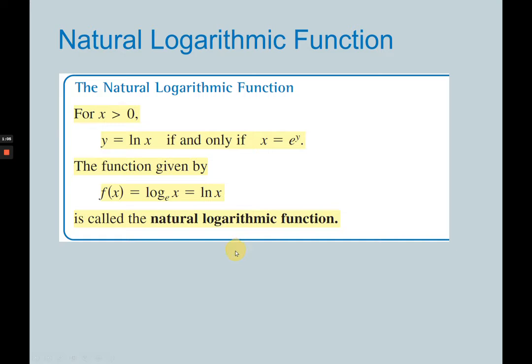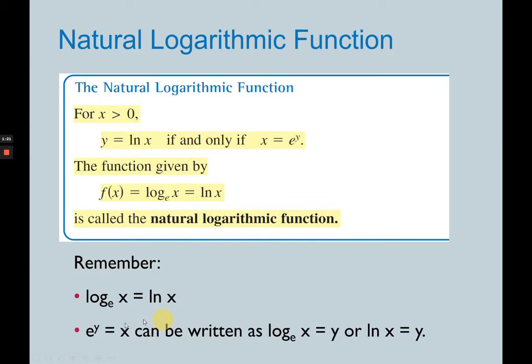Based on the definition, just remember, logarithm base e of x is simply written as ln of x. The expression logarithm base e is simply written as ln. Now, the exponential equation e raised to y is equal to x can be written as logarithm base e of x is equal to y, but we don't see logarithm base e because it is shortened as ln.